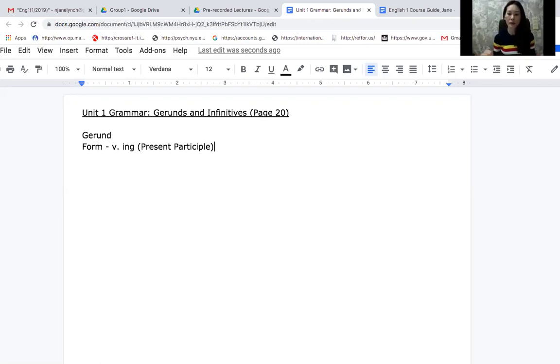So don't be confused with the present tense or present continuous form. That's different. We're talking only about this form, verb ing form. What is verb ing form? For example, when you say walking, running, taking, any verb with ing, we call it present participle.